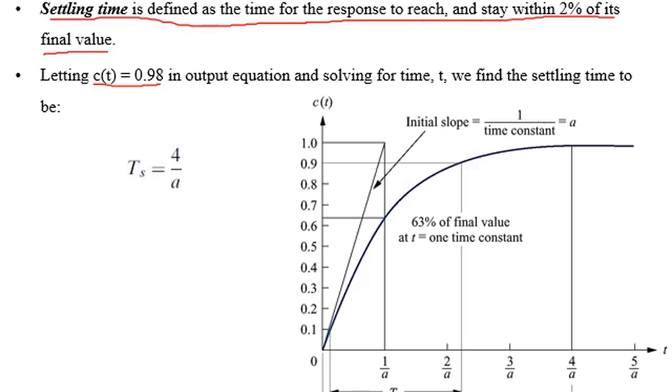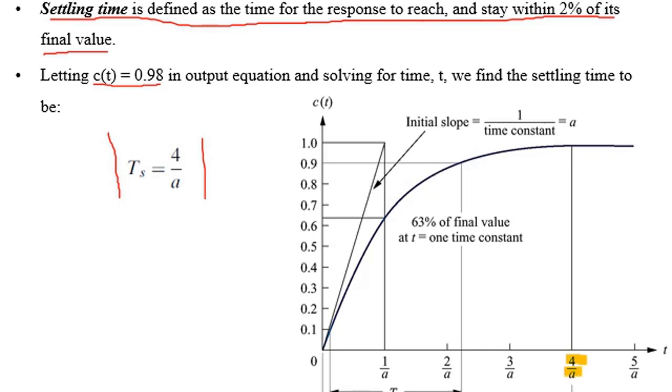For settling time, we will substitute the output of the system, which is c of t equals 0.98, in the output equation of the system. So we get settling time equals 4 divided by a, or this is also equal to 4 tau, as studied in previous slides.